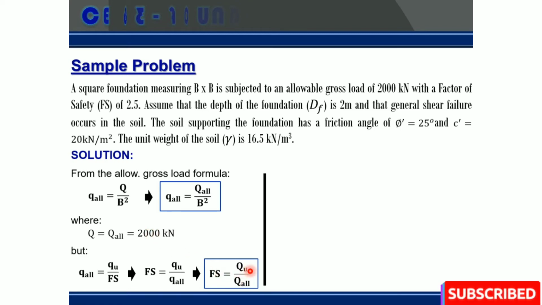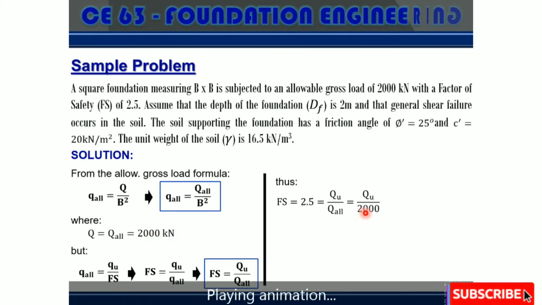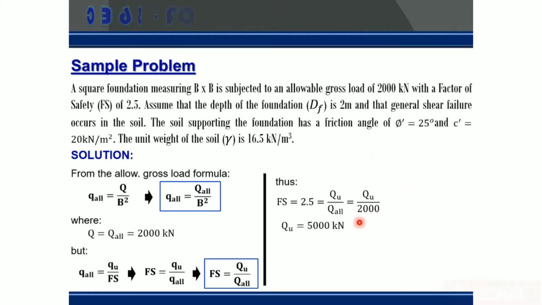Calculating this one, we have 2.5 equal now to capital Q ultimate over the capital Q allowable, which is equal now to this ultimate load Q over this allowable value of your load Q of 2000. So we can therefore say that our capital Q u, or the ultimate load, is equal now to 5000 kilonewton.